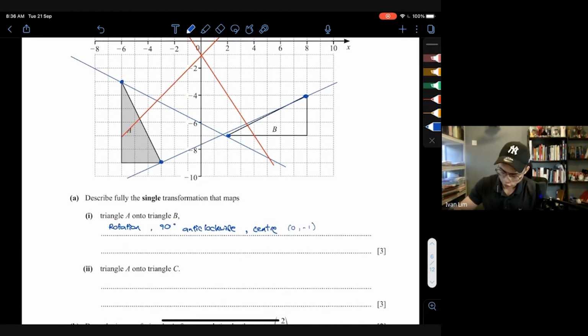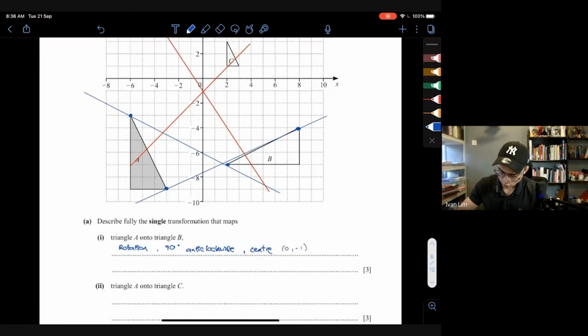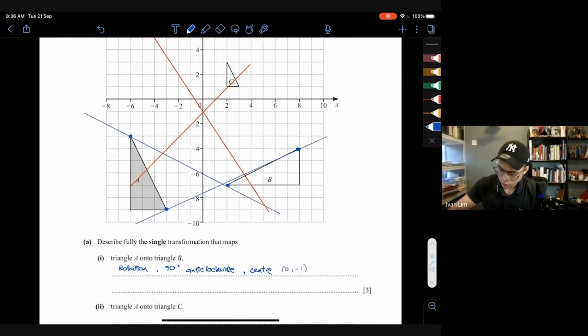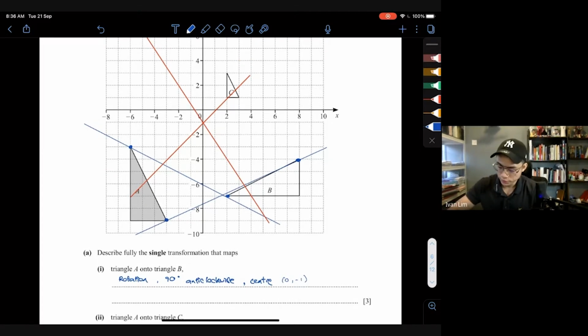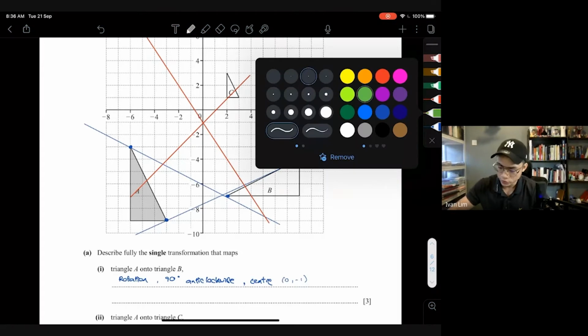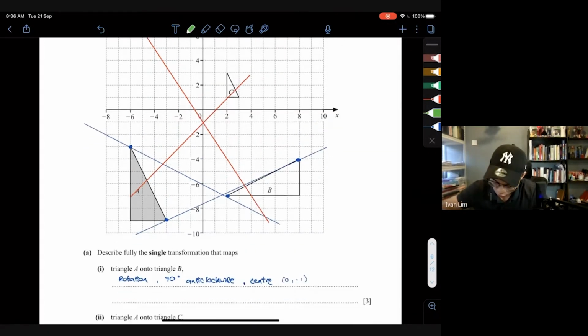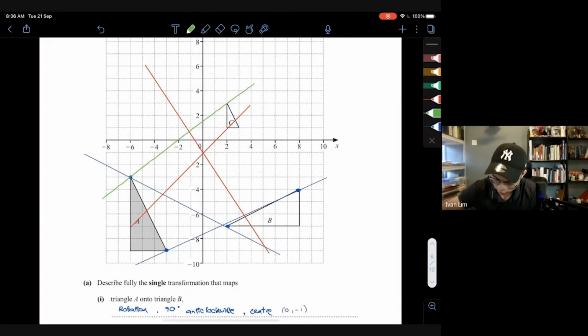Okay, next one. Triangle A onto triangle C. So this is an enlargement. So just connect the lines together. You just need to connect two lines together. Where it intersects, that is your center.